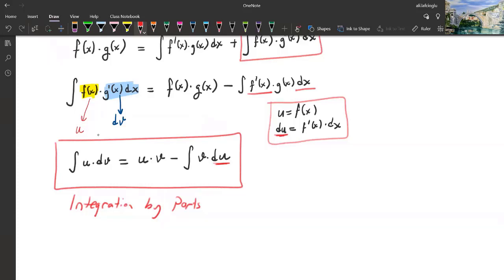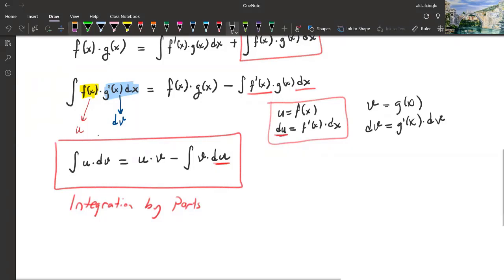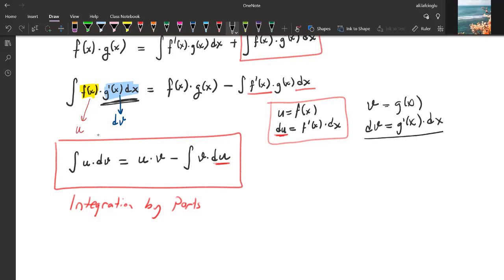And if v is g of x, when you take the derivative of v with respect to x, g prime of x times dx will be dv. Look at the expression: this expression is dv because of that. G prime of x times dx is dv. G of x is v. F of x is u.